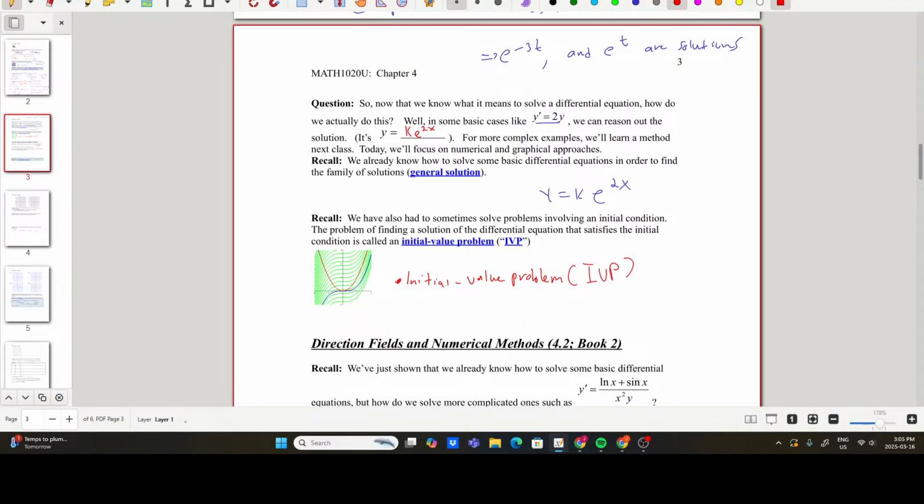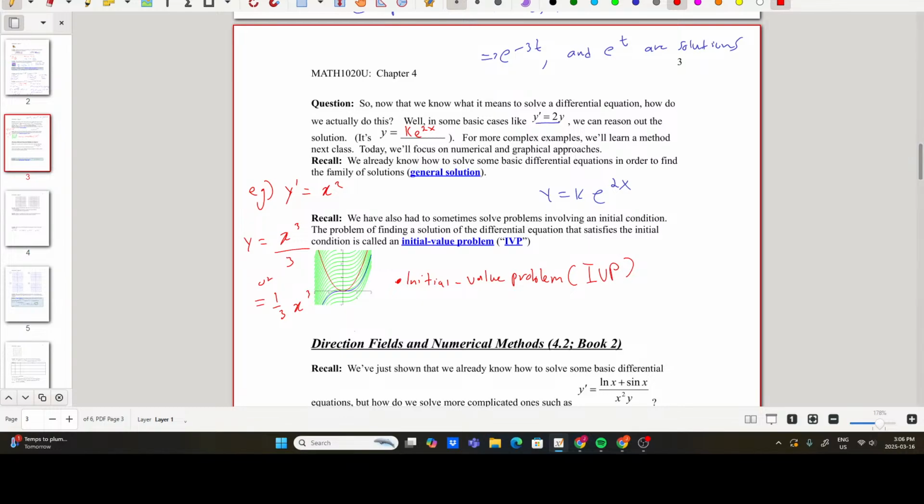So let's say an example. Let's say we had y prime equals x squared. Then if I take the integral of y prime, y would basically be whatever the integral of this is, which in this case should be x cubed over 3, or like 1 over 3 x cubed.